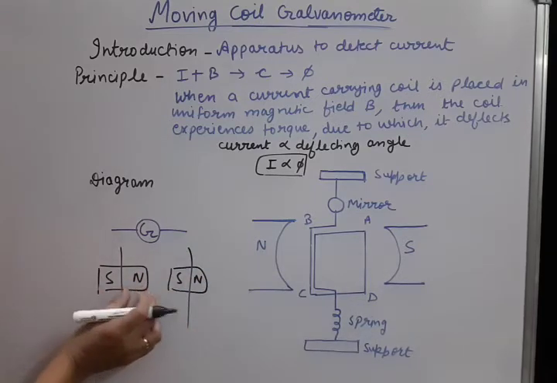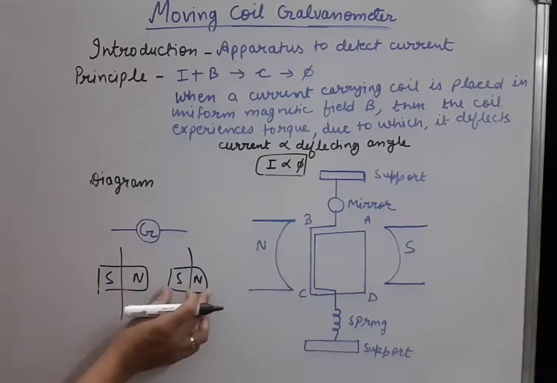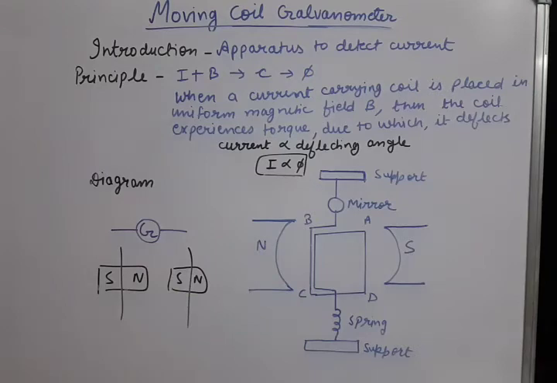Of this magnet we have taken the north pole only, and of this magnet the south pole only. We have not broken the magnets, we have only utilized these two poles facing each other. Now you see, when these poles are straight, the magnetic field lines are curved.